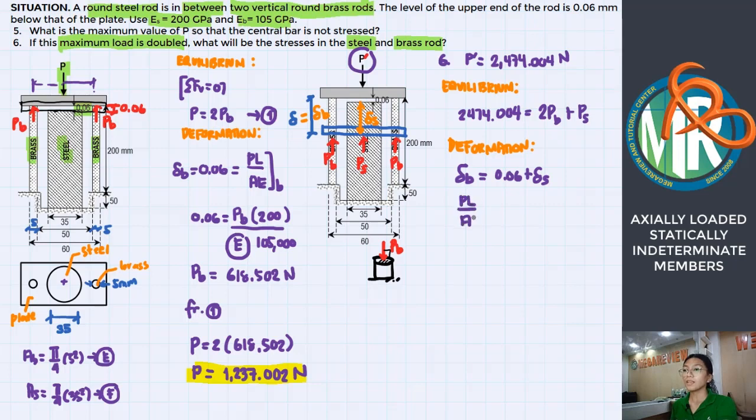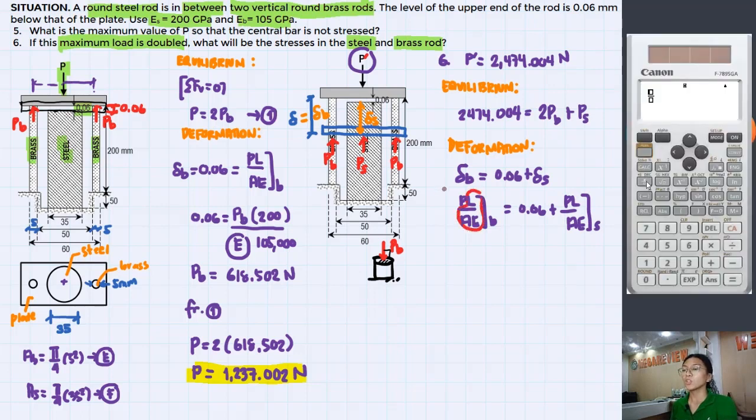So we have here PL over AE equals 0.06 plus the PL over AE of the steel rod. So this equation, L over AE of the brass rod, store nyo yan kay A. Okay, so length of the brass rod is 200 millimeters. Area is nakastore kay E. Modulus of elasticity is 105 gigapascal.